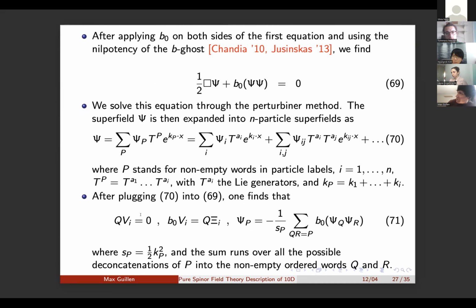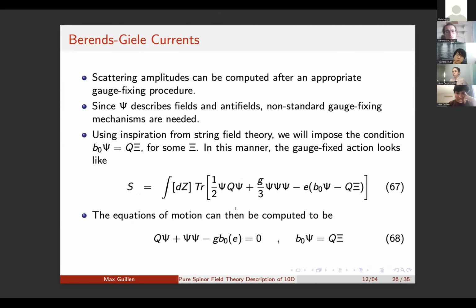Yeah, okay. What I can say about this is that yes, it's possible to try to find here the bunch of auxiliary fields that you will get by using the pure spinor measure. But we can do that in this gauge here, B0 psi equals to Q psi, not in the Siegel gauge.